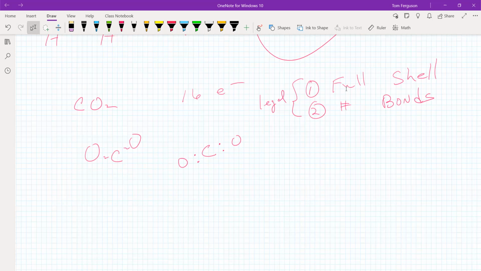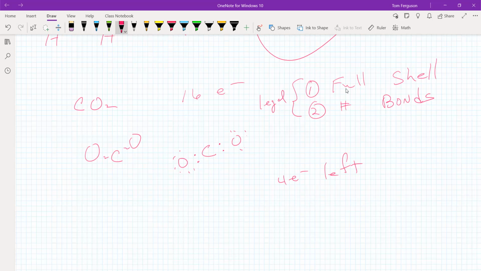Let's just slap them around here. That's 6 more. 6 more. So we've used 12. We have 4 electrons left. So oxygen's fulfilled in its full shell.